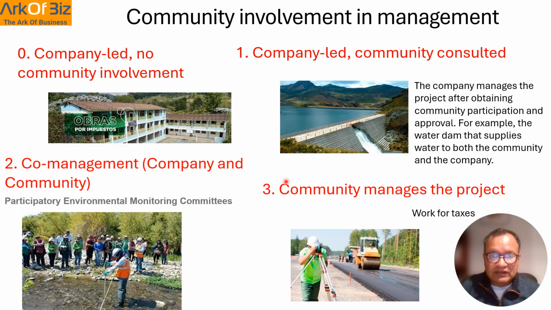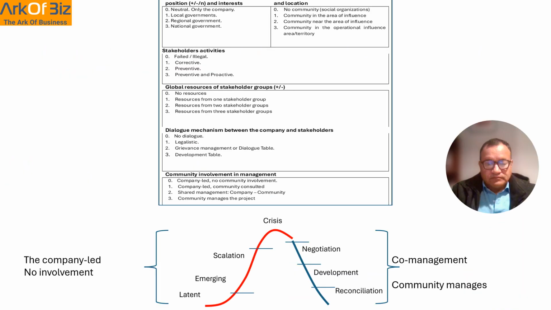And the last one is the community manages the project that has a value of 3. This refers to community and authorities managing the operation of social projects such as hospital, public schools, public infrastructures. And this is the best option because the ultimate goal is for communities to manage their own development without depending on the company. Now let's see the relationship between the options in these elements and the curve.